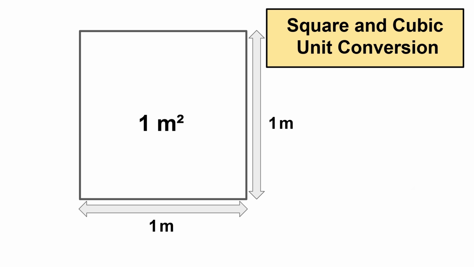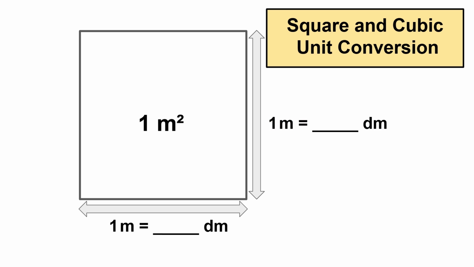In other words, how many squares that are each 1 decimeter square fit into 1 meter square? Well, to figure this out, we'll need to think about both the length of the square in decimeters and the width of the square in decimeters.